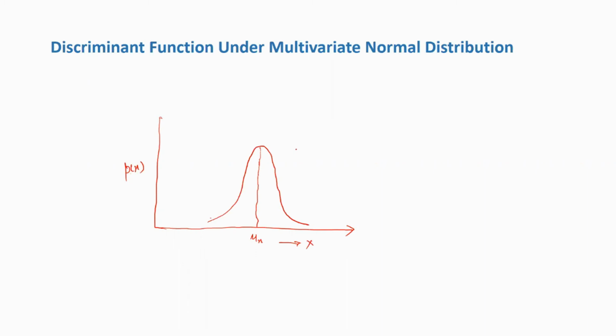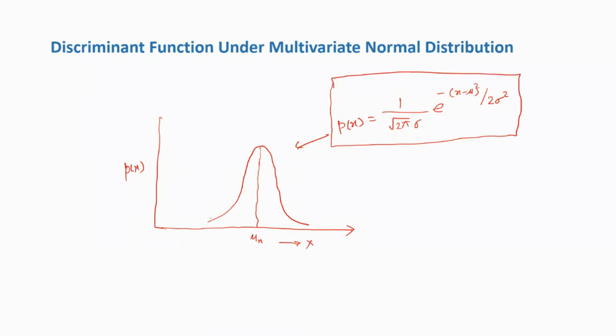If you remember the formula of this curve, it will be 1 by under root 2 pi sigma multiplied by e to the power minus (x minus mu) square divided by 2 sigma square. Do you remember this formula, everyone? For the normal distribution for a single variable.